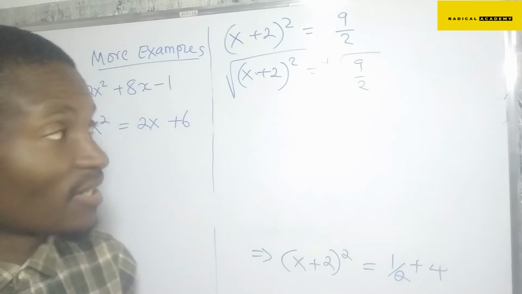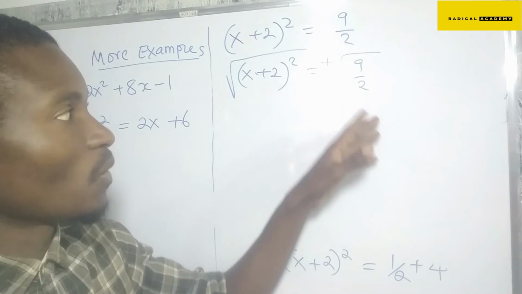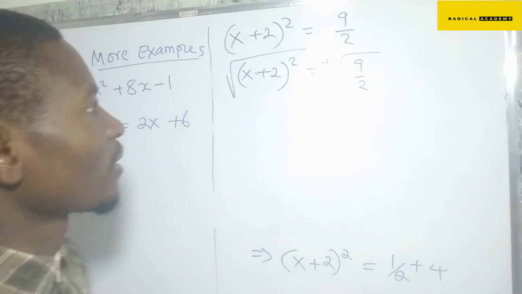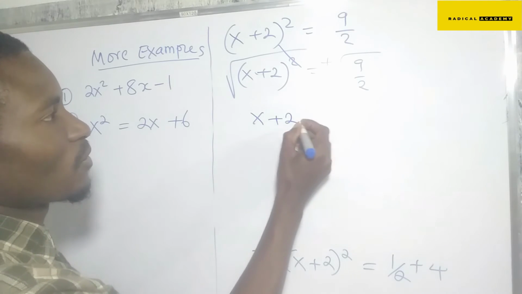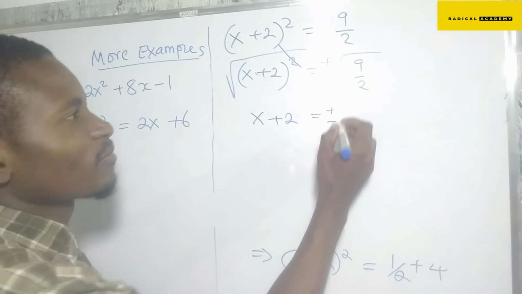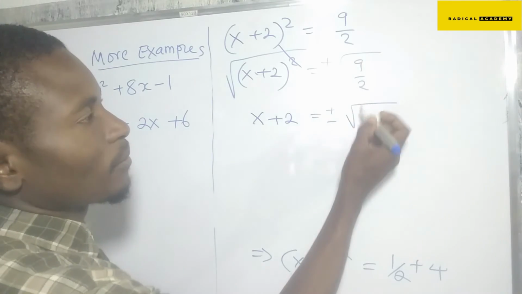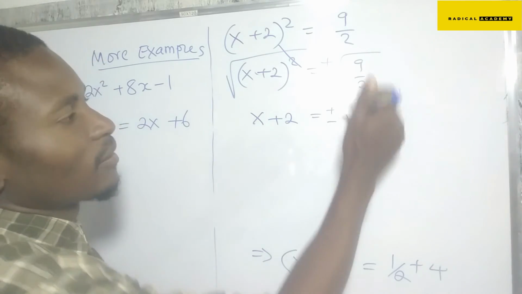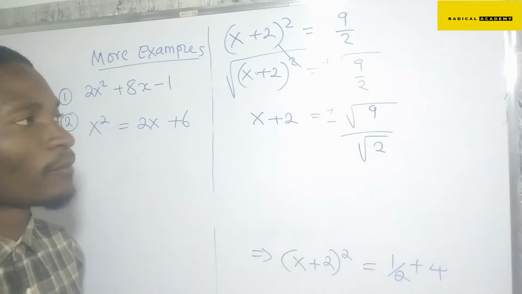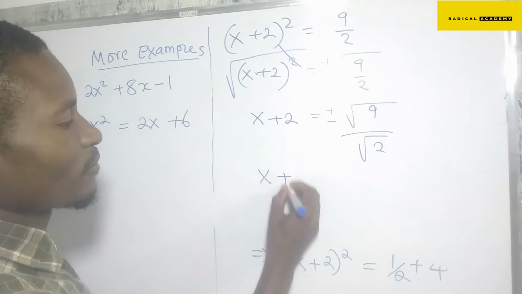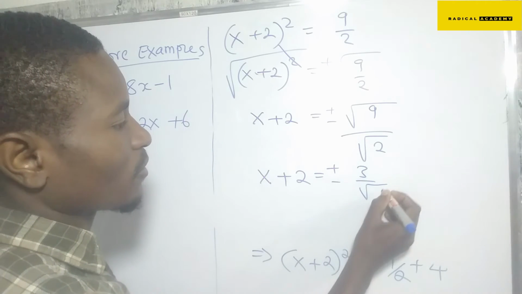So now at that stage you introduce the square root. After the equal sign, the moment you introduce the square root, you say plus or minus, and then the square and the root cancel. So x plus 2 equals plus or minus the square root of 9 over 2, which is the same as plus or minus 3 over the square root of 2.